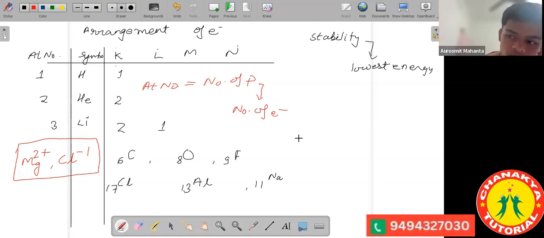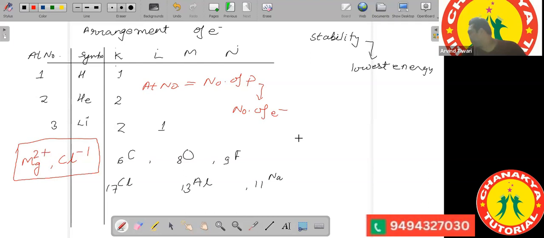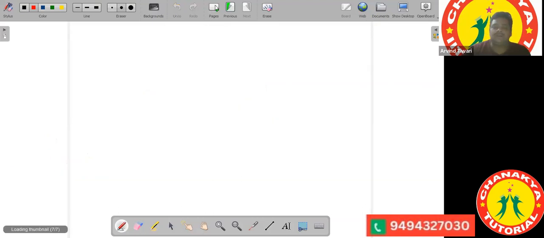Sir, can you explain? Yeah, that is what you should be asking, to see how we obtain the electronic configuration of each element. Suppose I'm writing the electronic configuration of carbon. Carbon has atomic number 6.